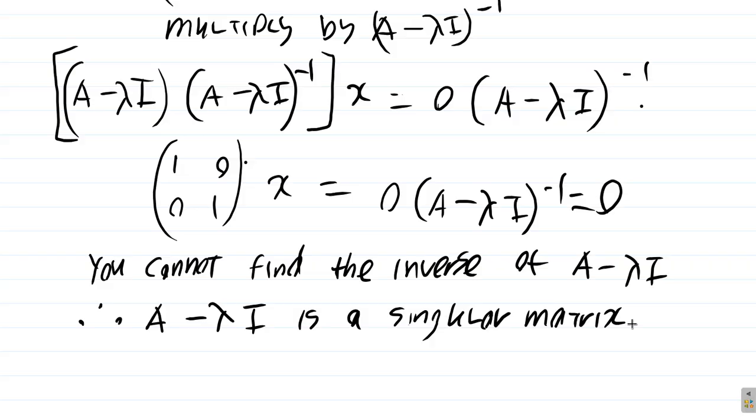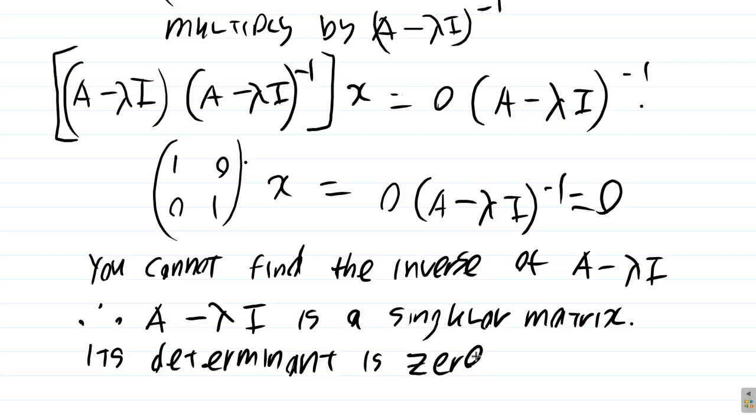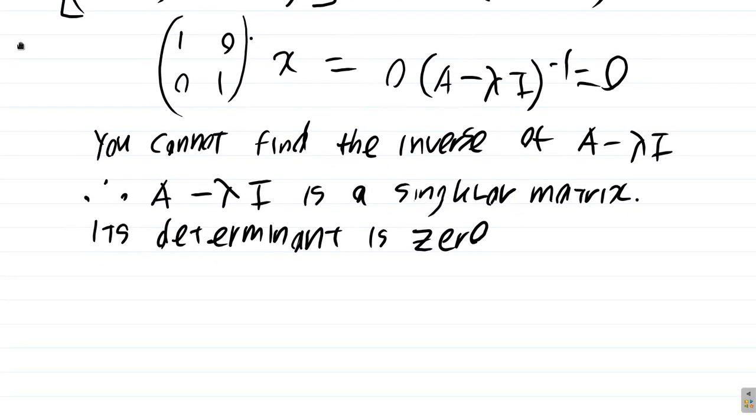Alright? And what do you know about a singular matrix? Its determinant is 0. Alright? So therefore, the determinant of A minus lambda I is equal to 0.